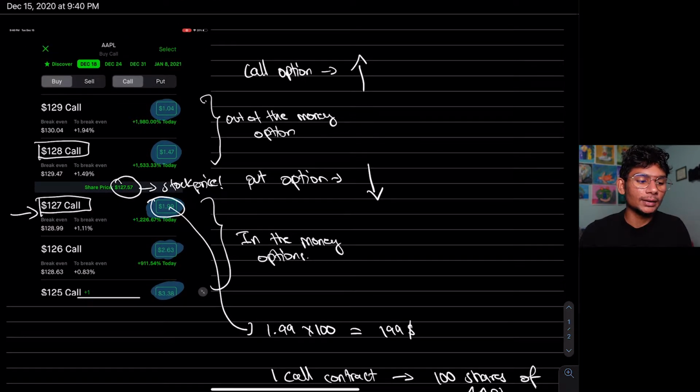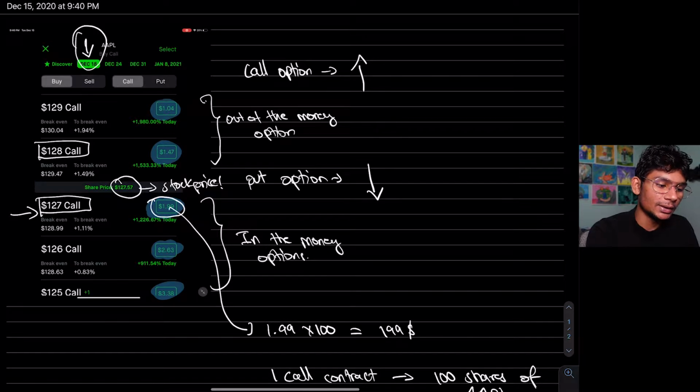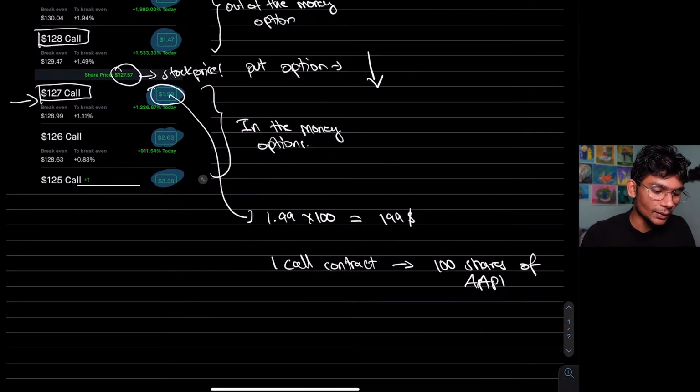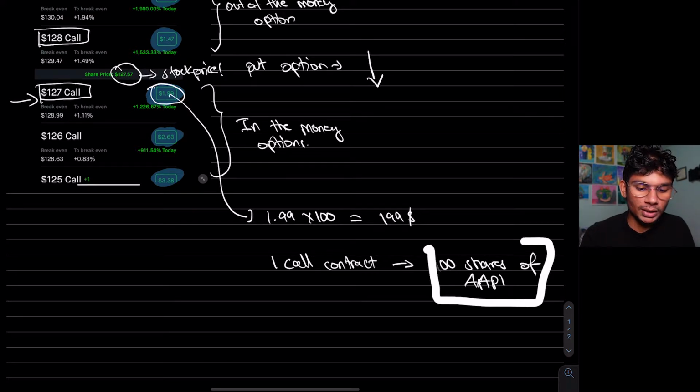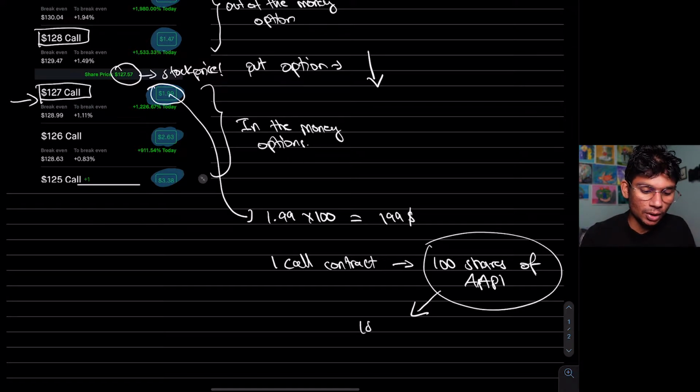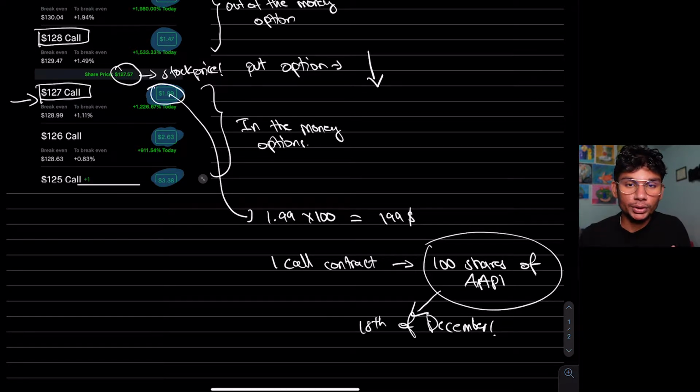And know that since this is on December 18th, this is the day that we picked, that means this call contract will expire on the 18th of December. Now, one thing is very important to know.